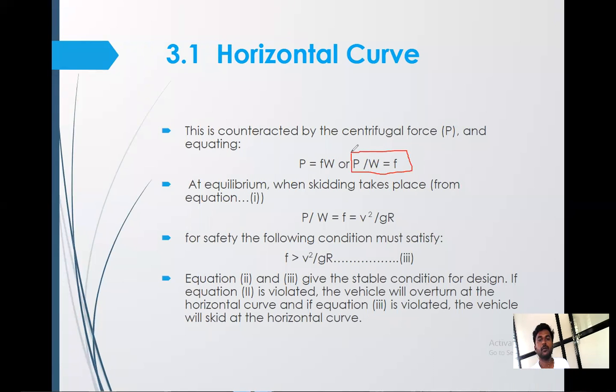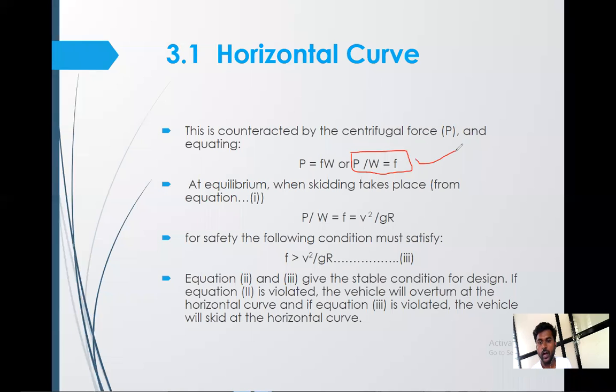Now, what is meant by P by W? It is the centrifugal ratio, also called the impact factor. This is a very important factor. So the equation is P by W is equal to f. This is the equilibrium condition.